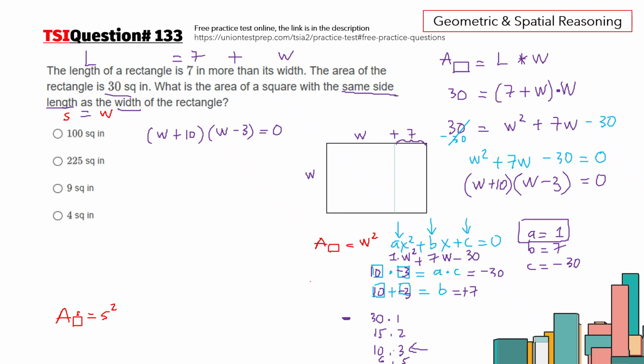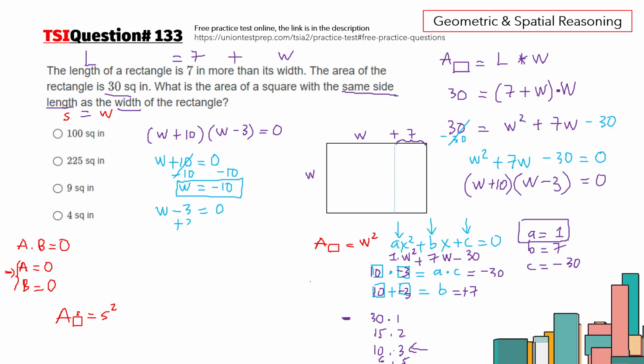Remember, we have the zero factor theorem: if A times B equals 0, then A is 0 or B is 0. So to solve for this, we use the same technique. We have W plus 10 equals 0, or W minus 3 equals 0. Here we subtract 10 from both sides, we have W equal to negative 10. Here we add 3 to both sides, we have W equal to 3.